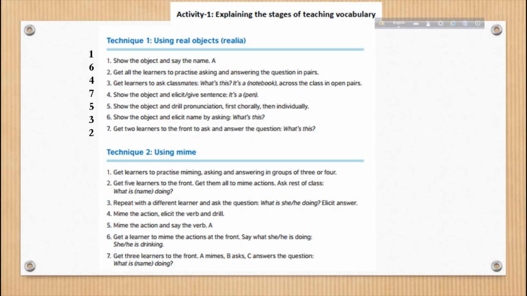At first 5, then 4, mime the action, elicit the verb and drill. In such a way 6, 3, 7, 2 and 1. So I think you will get a clear idea about these two techniques.